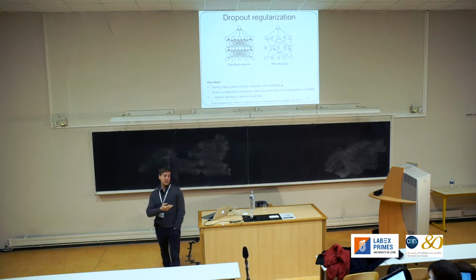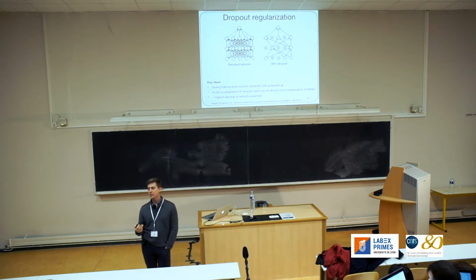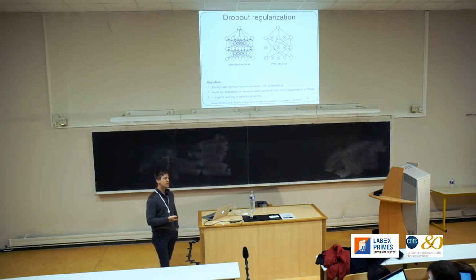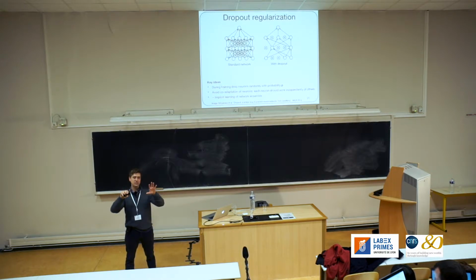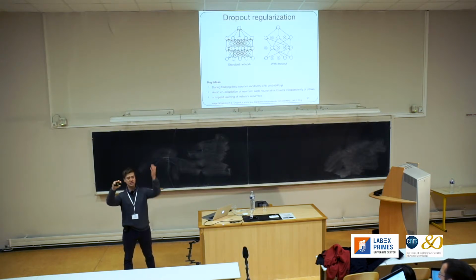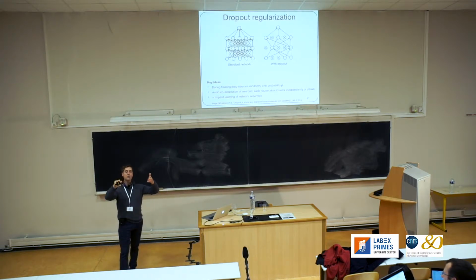This is a regularization technique, meaning that we do this because we want to reduce overfitting, okay? The reason why this works is basically because if we do this random disconnection, imagine you have a neuron and this neuron depends on a certain number of neurons before it, right? The neuron will learn to not rely so much on specific neurons in the previous layer, because these neurons might be disconnected at any time, right?